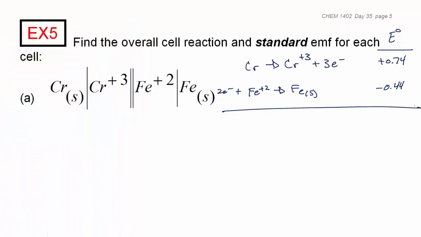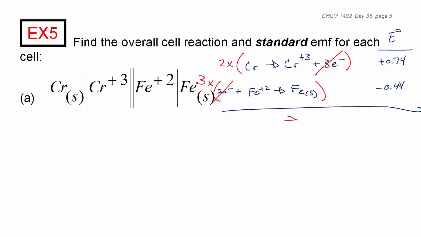Okay, to get the overall cell reaction, I'm going to have to do some multiplying here because you have to get those electrons to cancel. Let's take this one times 2, the bottom one times 3, because then I'll have 6 electrons that'll cancel.